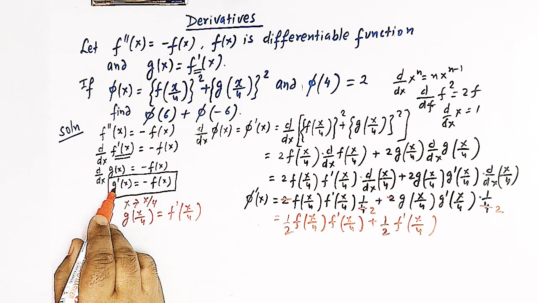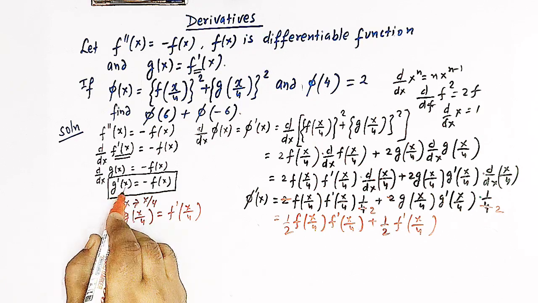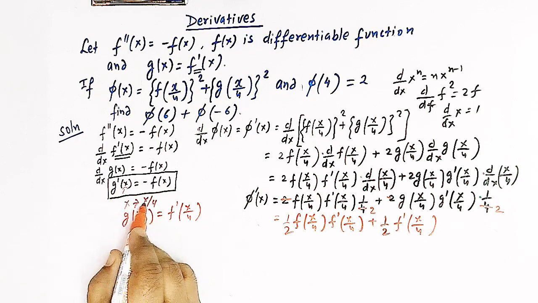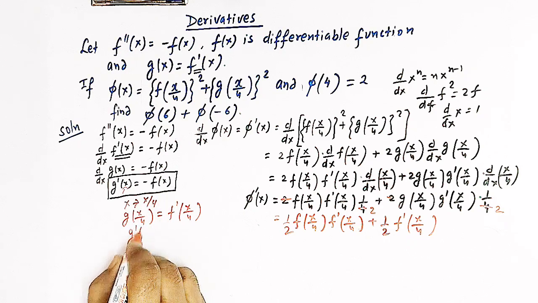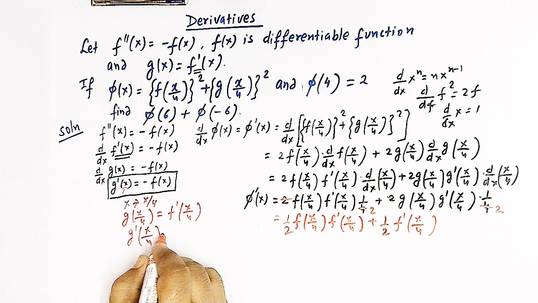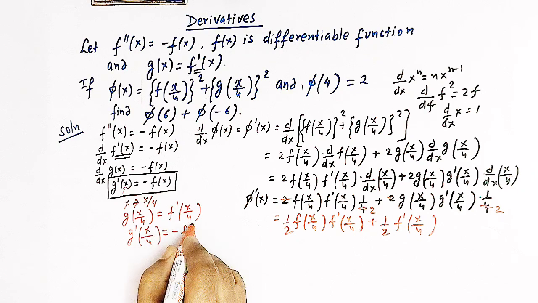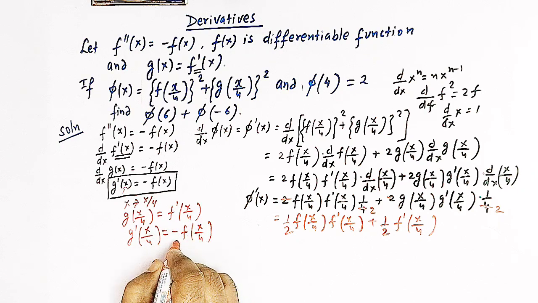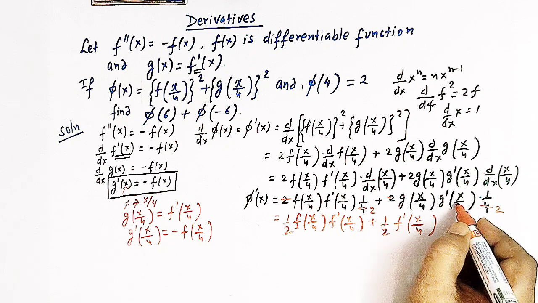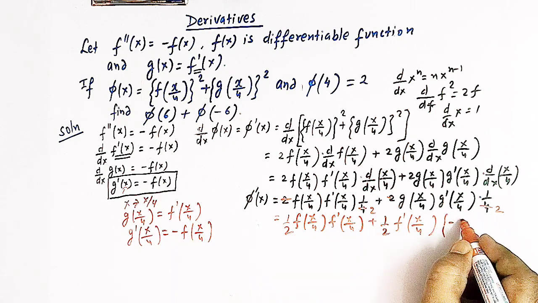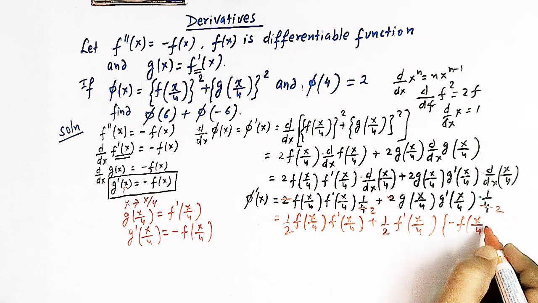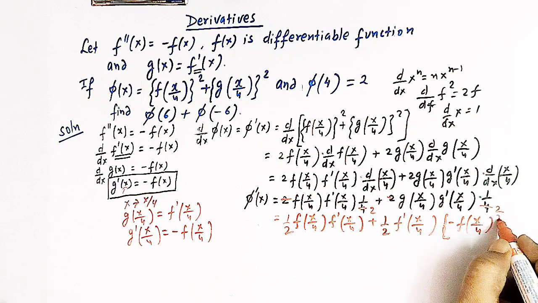Now we can make use of this result. So here if we replace this x again by x/4, then g'(x/4) is equal to negative of f(x/4), right? So g'(x/4) can be replaced by minus f(x/4), right?